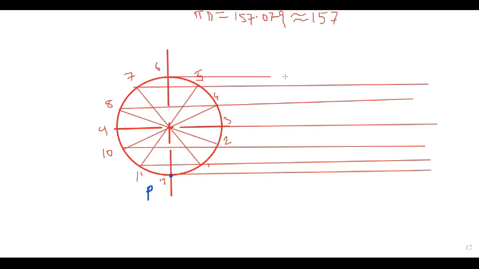And 6 will be on its own line. Okay. So for each point you have to draw the horizontal line. Here 11 and 1 on the same line, 10 and 2 on the same line, 8 and 4 on the same line, 7 and 5 on the same line, and 6 also on its own line. Okay. Here some are not drawn directly by dimension, so some gap will be there. It must be correct.